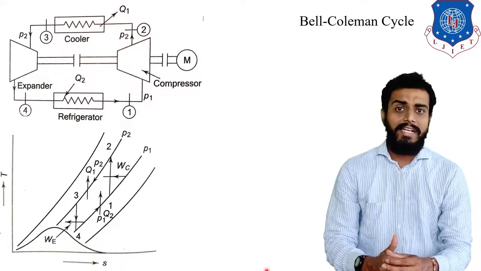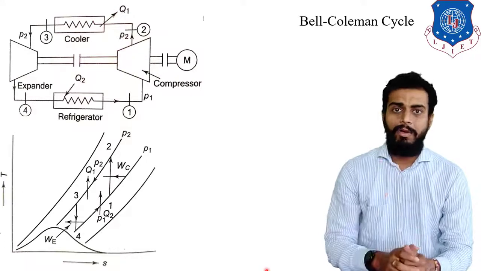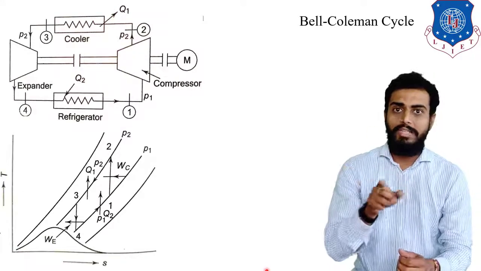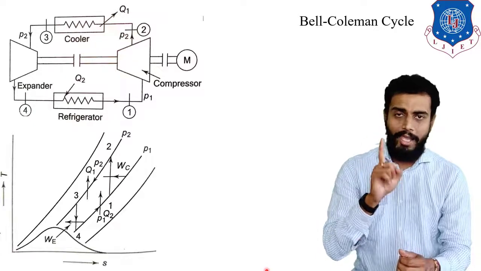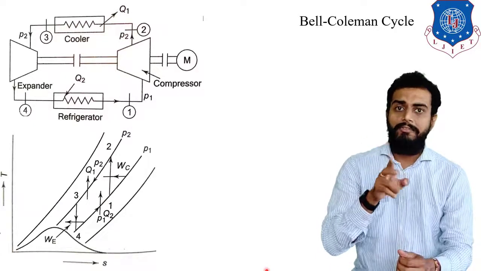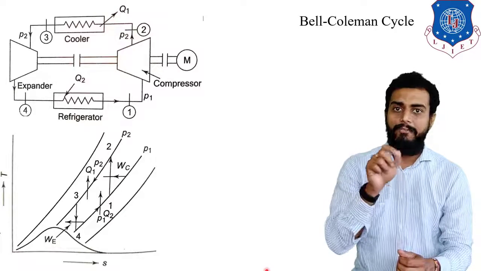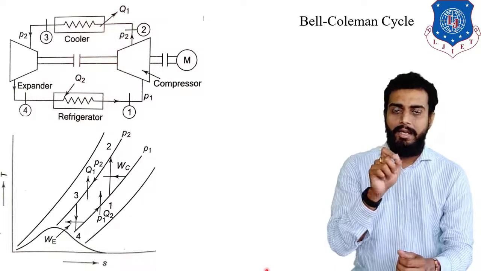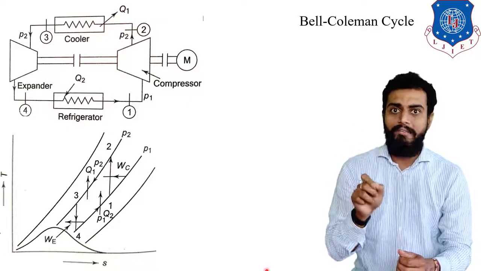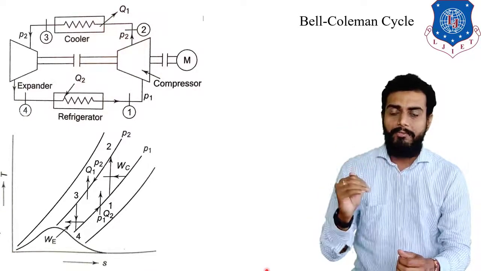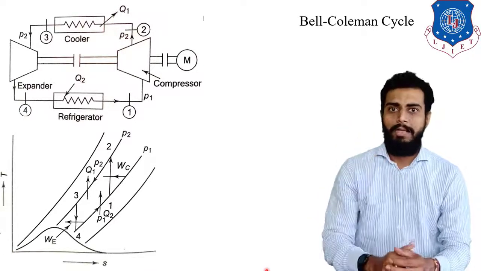Now, before starting, let me advise you one thing: the fluid which we are using here is not a refrigerant, it is a pure gas. Okay, one more thing: if you are expanding real gases through a throttling device, then the temperature fall will be very small.